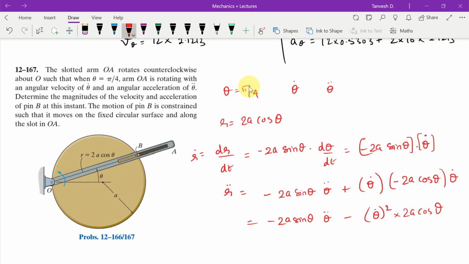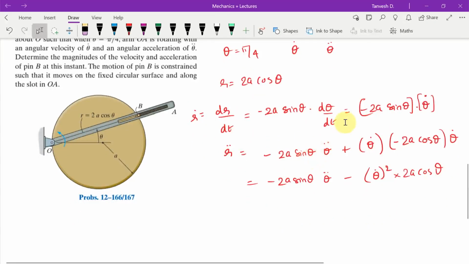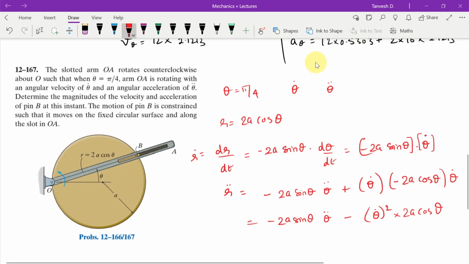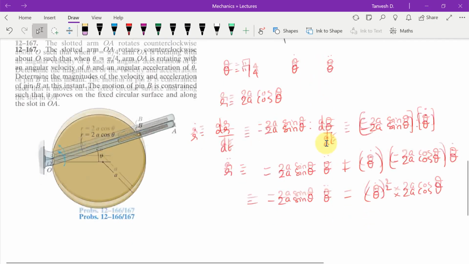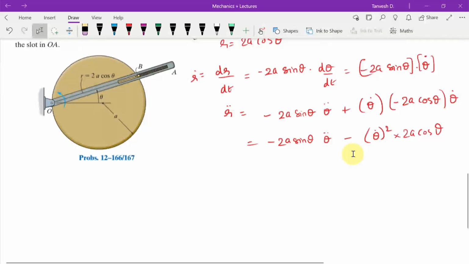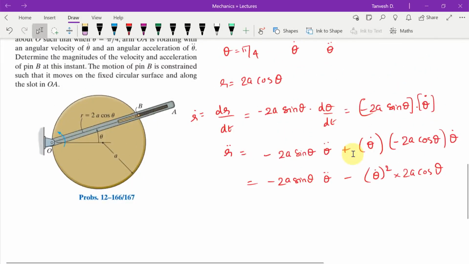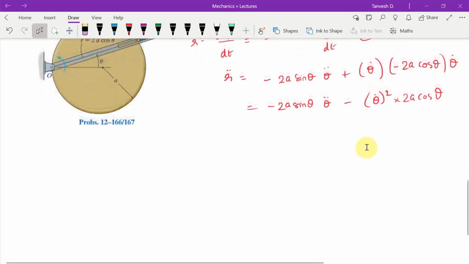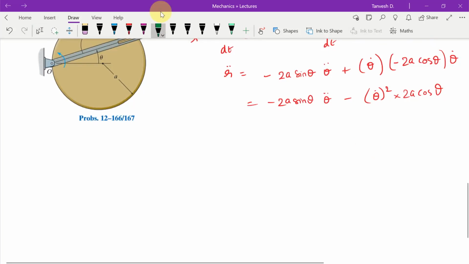Now at theta equals pi by 4, since theta dot and theta double dot are at theta equals pi by 4, we can put this theta here and we'll get some values. Even in this r we can put it. Let me just copy the equations from above.